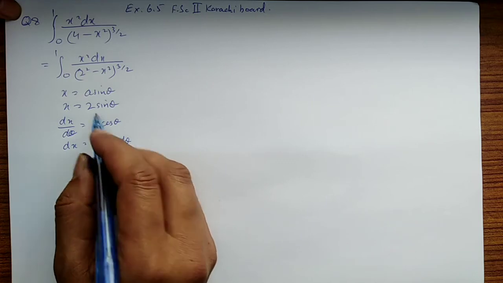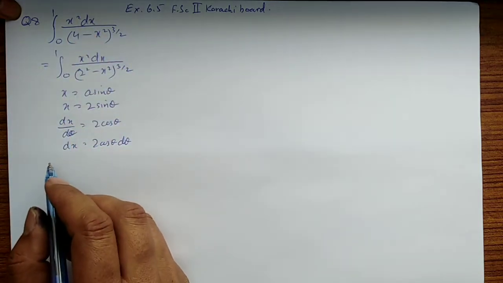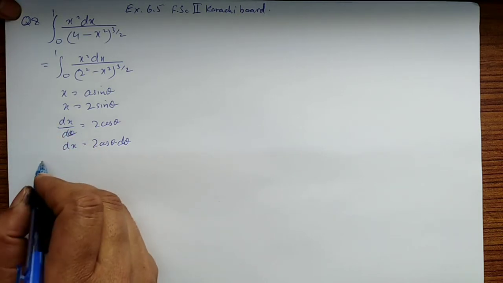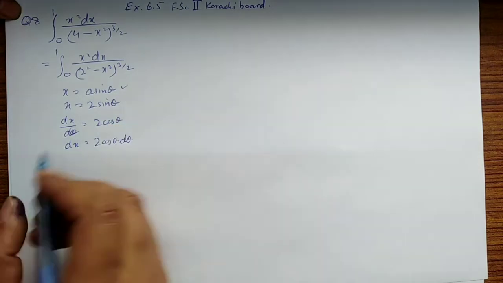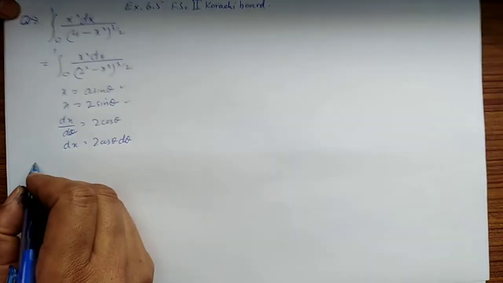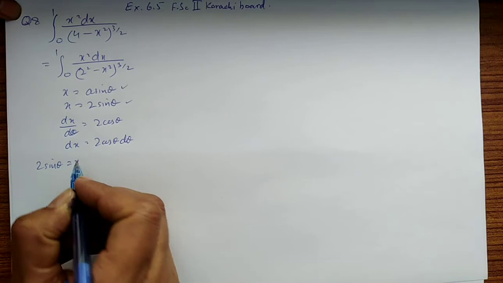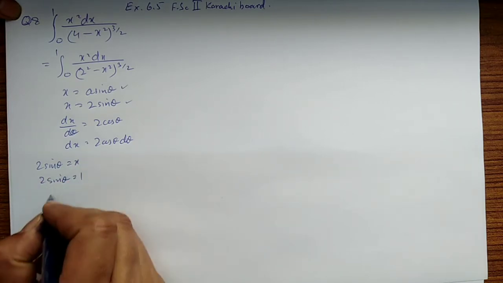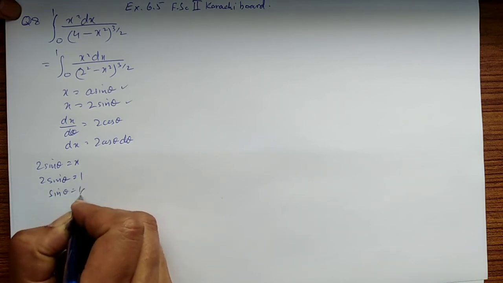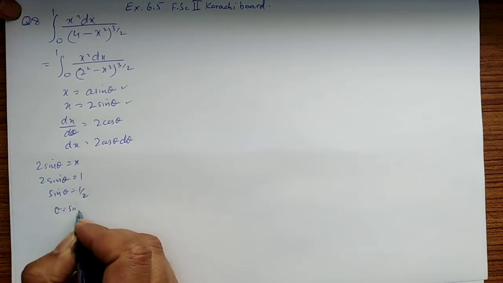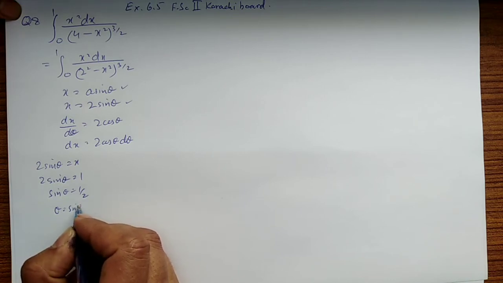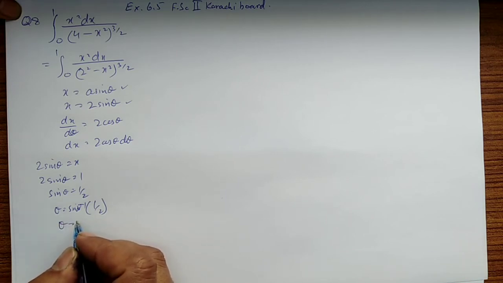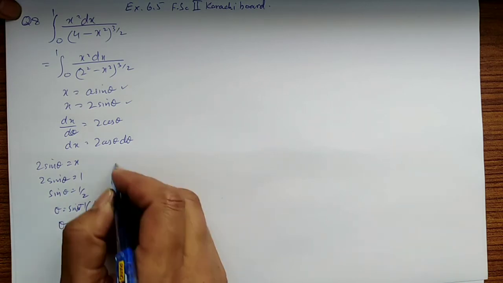Now to change the limits, 1 and 0, take the same relation: 2 sine theta is equal to x. In place of x we write 1, so sine theta is equal to 1 upon 2, and theta is equal to sine inverse 1 upon 2, that gives pi upon 6, right?